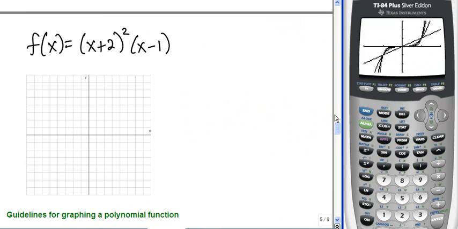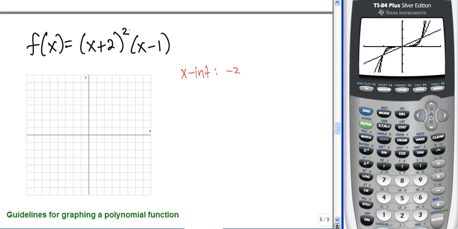Alright, let's take a look at this next one. So we have x plus 2 quantity squared times x minus 1. So it's in a nicely factored form, which is going to make finding these x-intercepts fairly easy to do. This factor has as its solution -2. I'm going to make a note here.